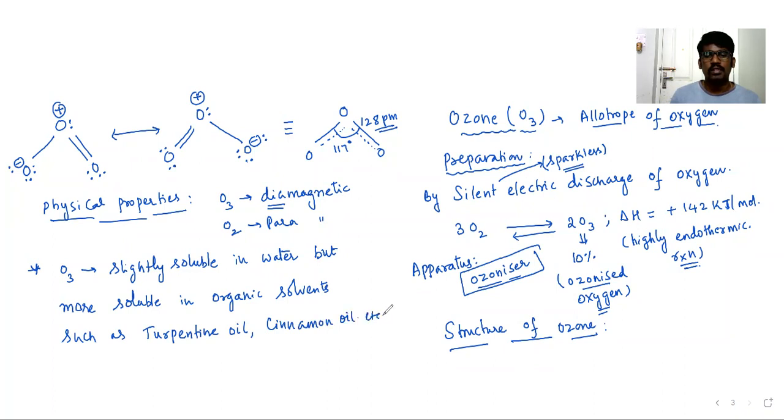All these are examples of organic solvents only. In these organic solvents it is highly soluble, but in water it is slightly soluble. A point of difference, you need to understand it clearly.